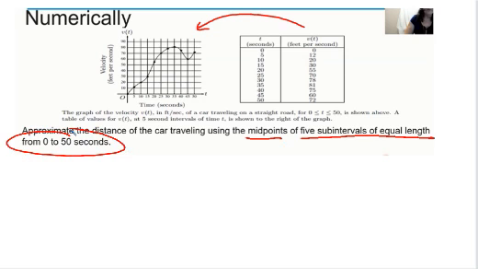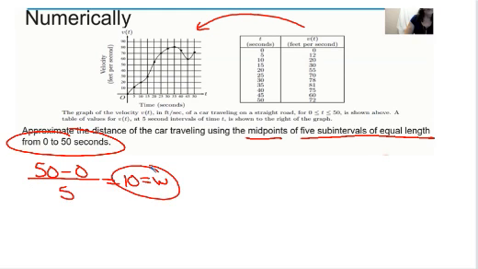So if we're talking 5 subintervals, then I'm going to do 50 minus 0 and divide it by 5. So that's 10. That is the width of every rectangle.